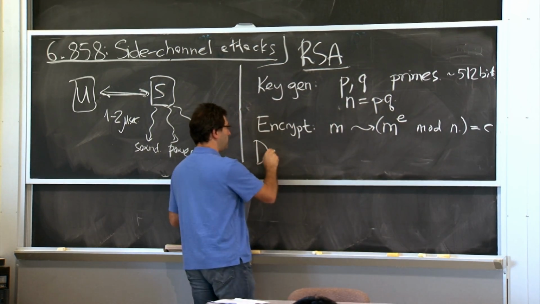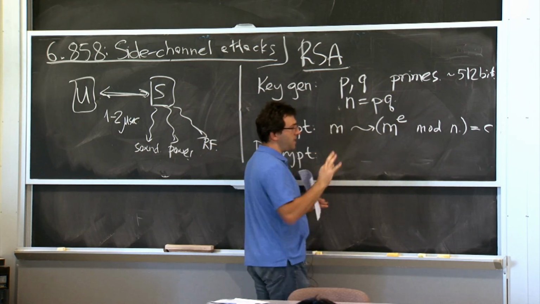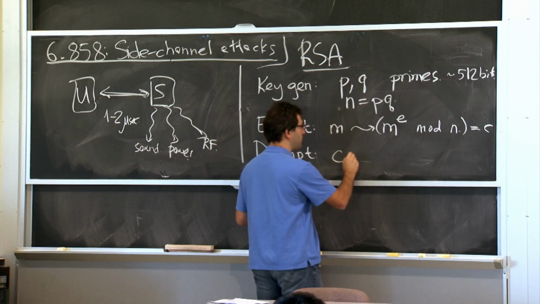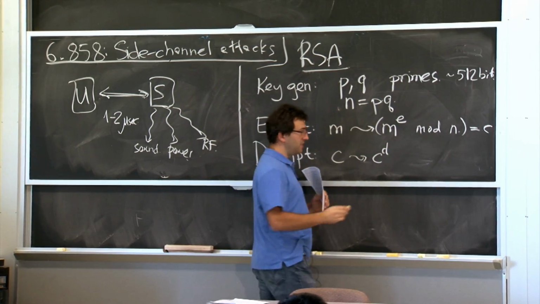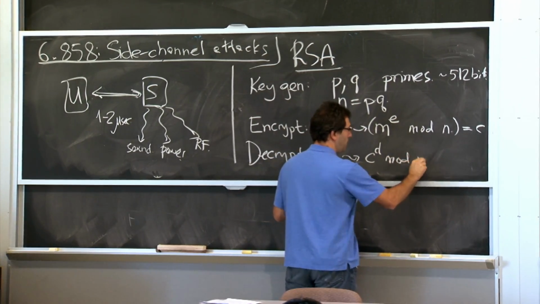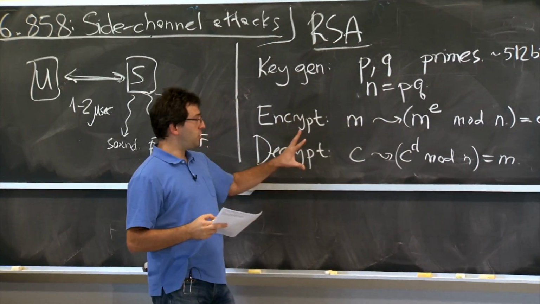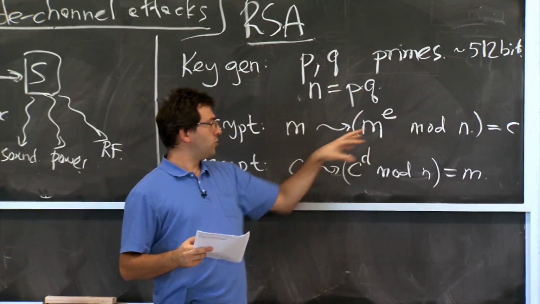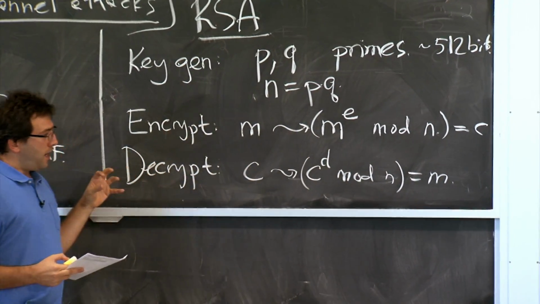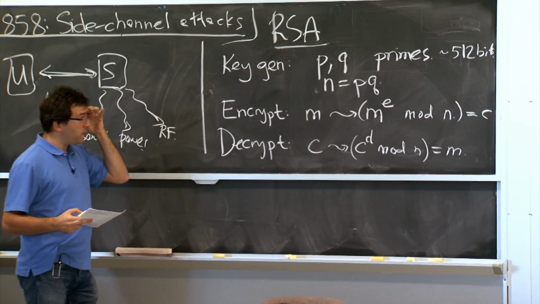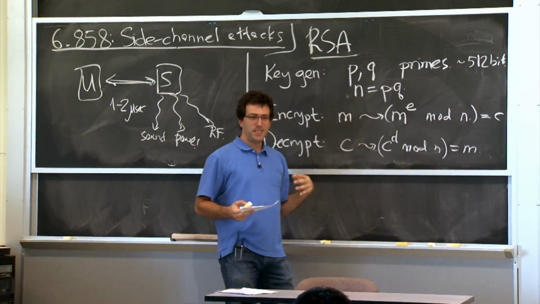Then to decrypt it, we find another exponent d such that if you take the ciphertext C and exponentiate it to the power d mod n, you magically get back the same message m. So this is the general plan: to encrypt, you exponentiate; to decrypt, you exponentiate by another exponent. It seems a little hard to figure out how to come up with these two magic numbers that somehow give us back the same message.